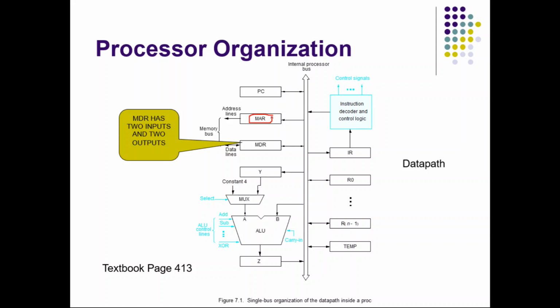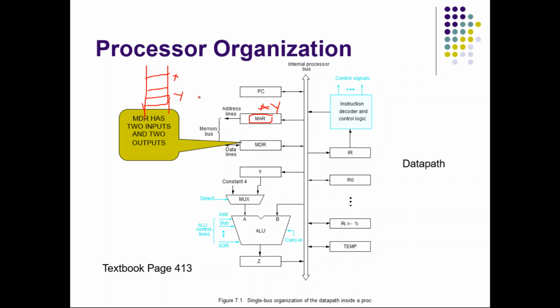Whether you want to perform a read or a write operation on memory, if you want to write something to a memory location, then MAR will hold the address of the location you want to write. If it is X, then X will be available here. If you want to perform a read from some location, say Y, then Y will be present in MAR and the signal given will be read, that is read from Y.